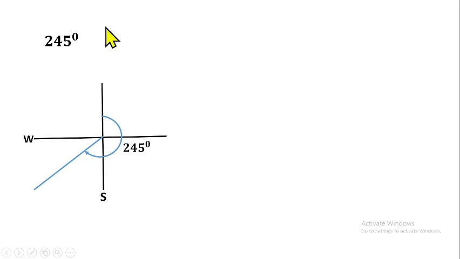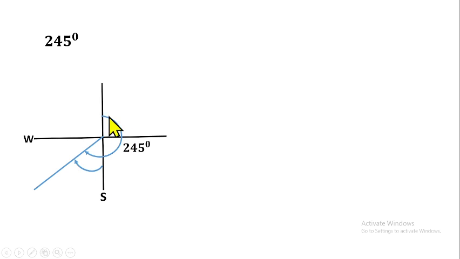Then you have to change this one to compass bearing. Which angle are we looking for? Is it from the west to the south, or from the south to the west? You're looking for from the south to the west. So you're looking for from here to here. Then how do we get that?